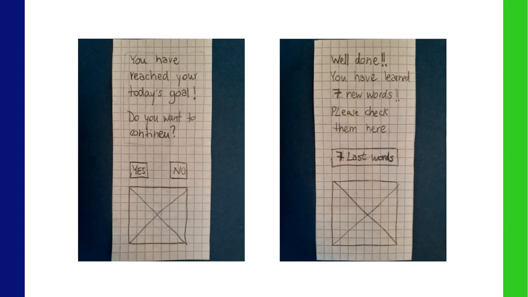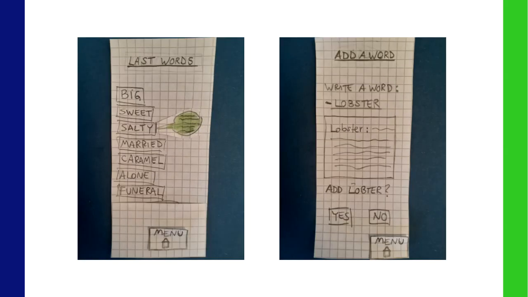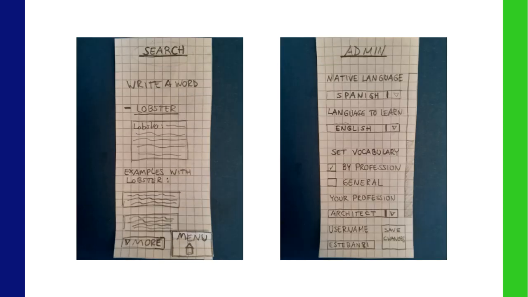After this, the user can continue with more tasks or finish the session, but not before reviewing the last learned words. Other tools found on the menu are Add a Word, Search, and Admin.